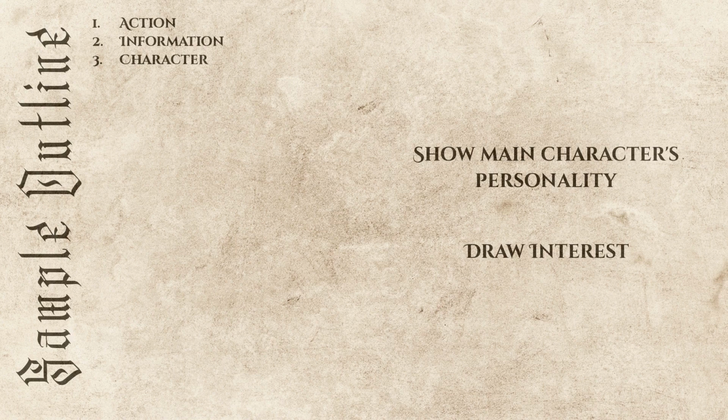You can add little snippets of their background, but it's not very important right up front. The most important thing for the reader to know about your character is personality. When you do this first character scene, you really want to make sure that your character is expressing themselves and they are showing what kind of personality they have.